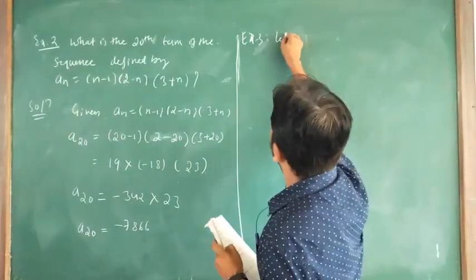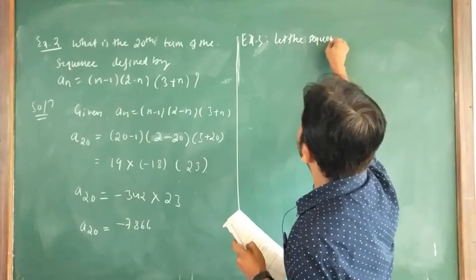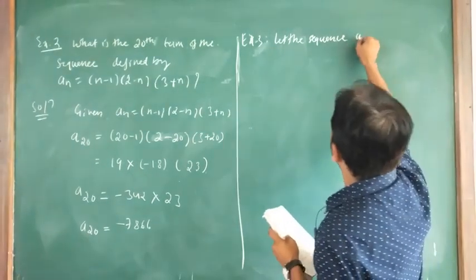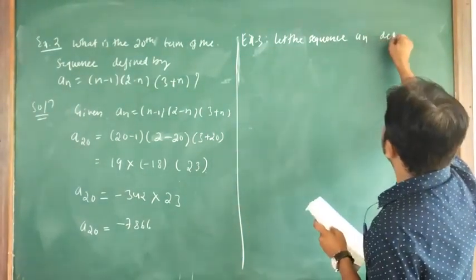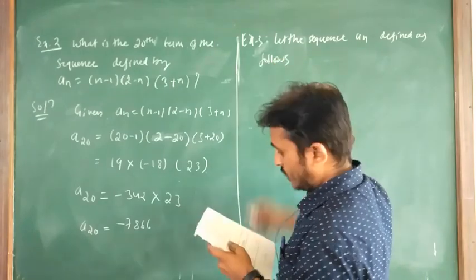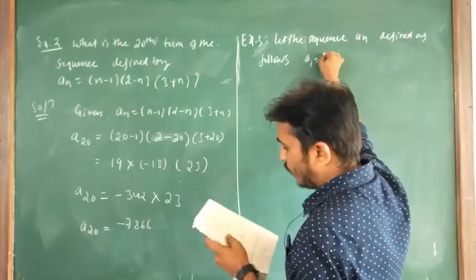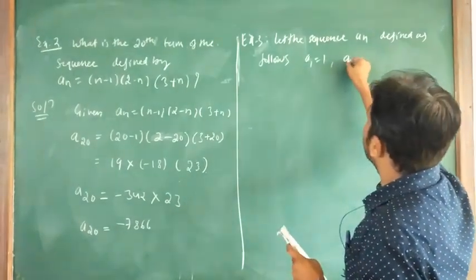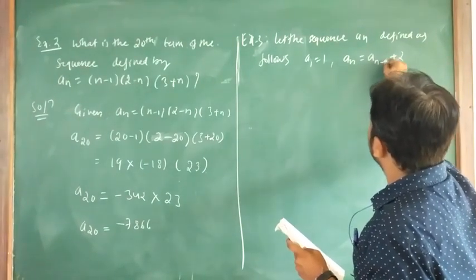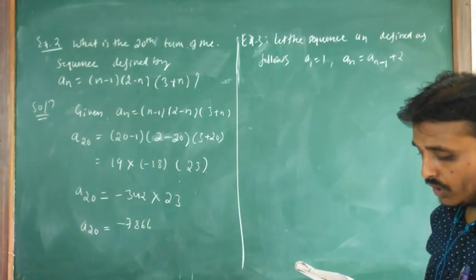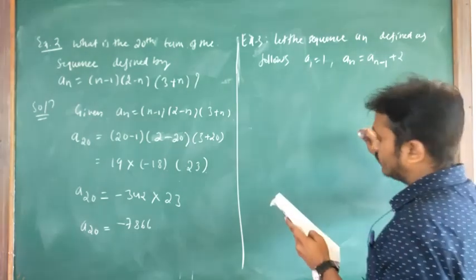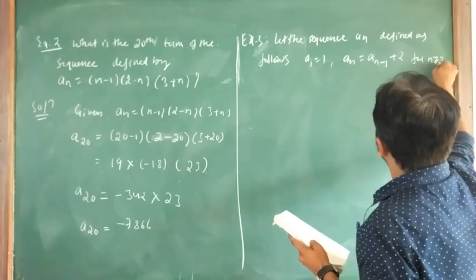Let the sequence an be defined as follows: a1 equals 1, already given, and the general term an equals an minus 1 plus 2, for n greater than or equal to 2.